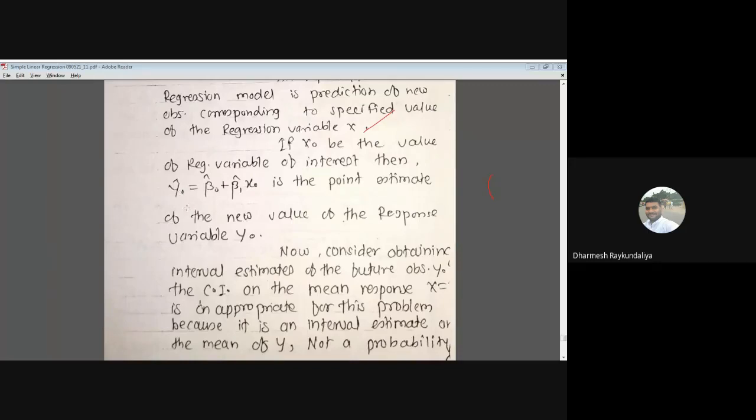It was y cap given x equal to x0. We were finding the mean response. Here we are finding the estimate of a new response value y0.